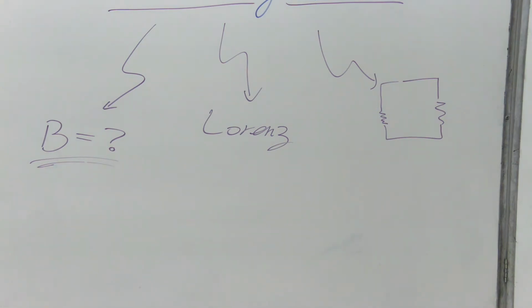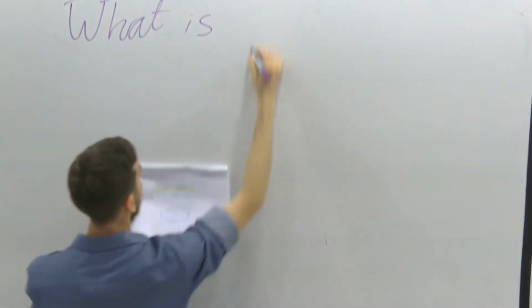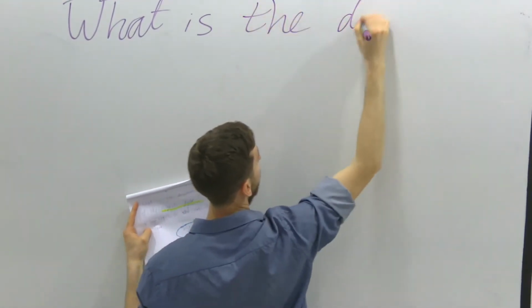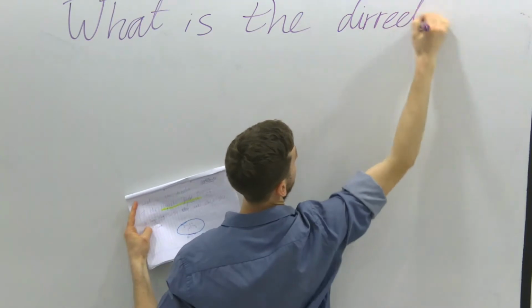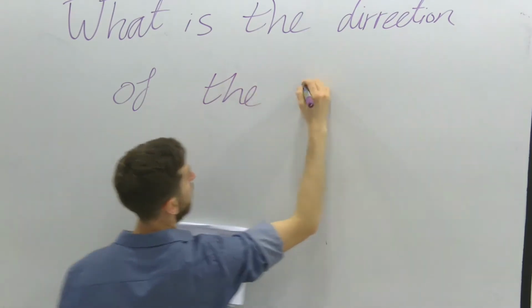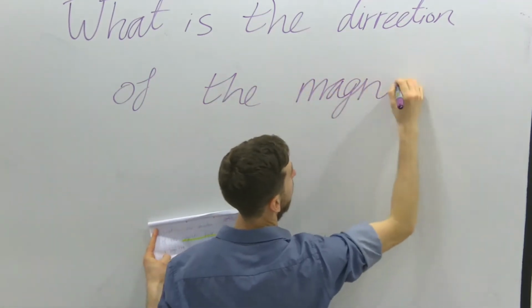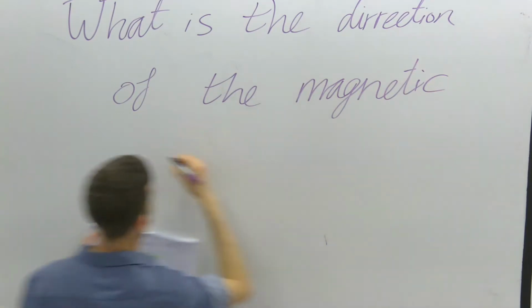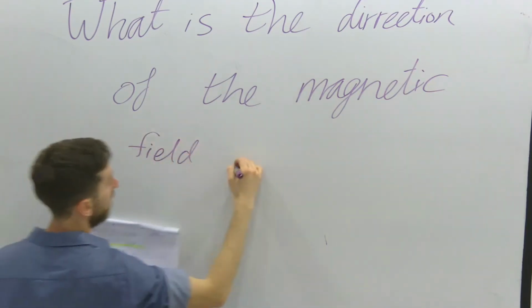So what is the direction of the magnetic field by the ring, by the huge ring? Okay, let's call it the huge ring. So we have here a ring.